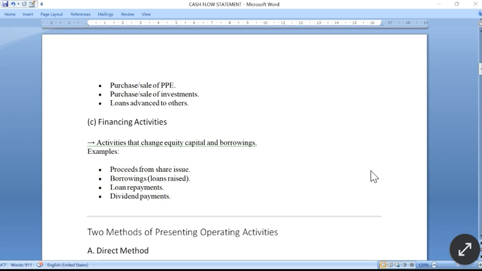If you borrow money, if you raise funds, you have to also recognize it under the financing activity. And then also, if you make repayments on loans, you recognize it also under the financing activity. If you also pay dividend, you also recognize it under the financing activity.